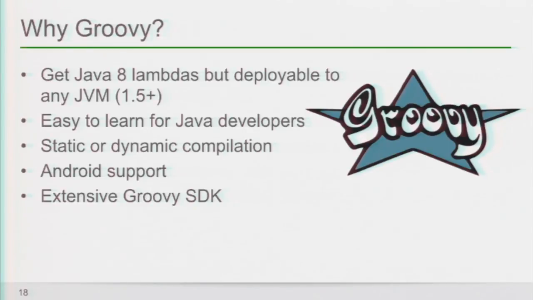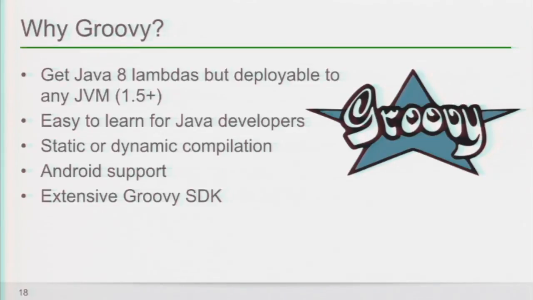So the whole Java 8 lambdas thing is great, but until people actually have Java 8 systems and production servers, it's still quite a way off for a lot of people. And right now you can run Groovy on any JVM and you get lambdas, in this case Groovy closures.